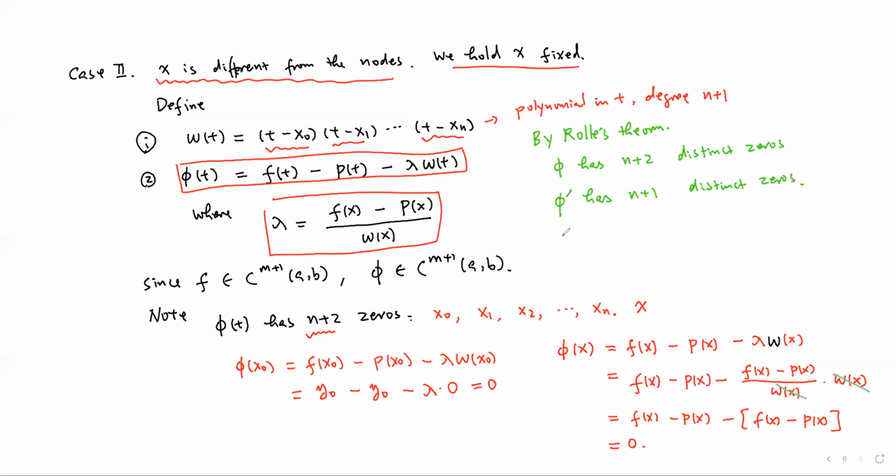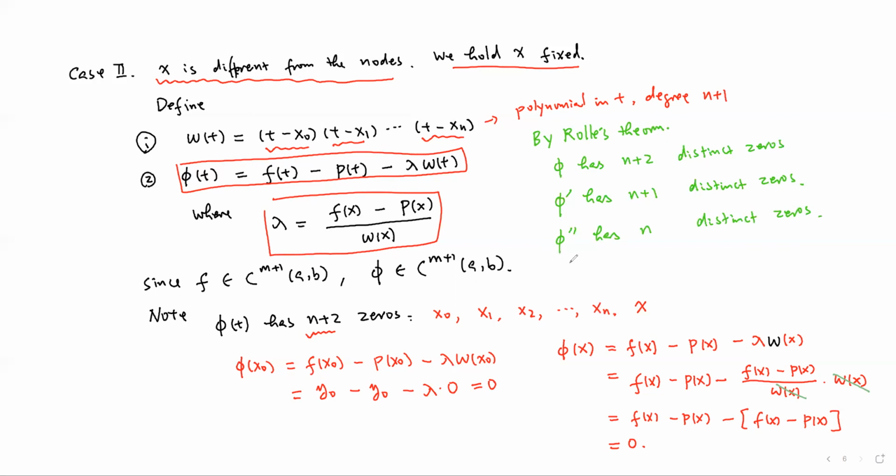And therefore the second derivative has n distinct zeros. Yeah, I applied Rolle's theorem many times.